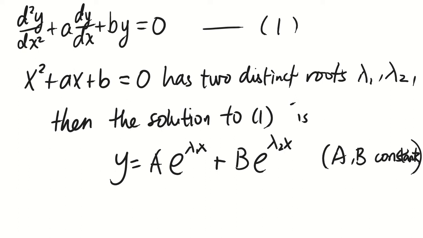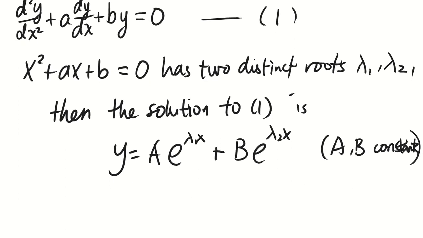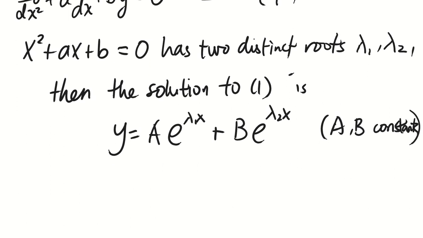So a and b can be determined if you have the initial conditions. Let's say you have two pairs of values of x and y, then you can solve for a and b.